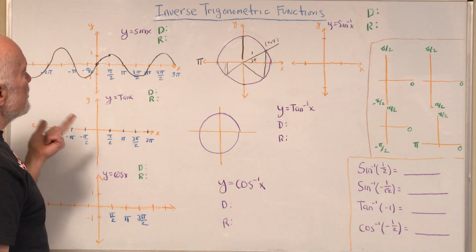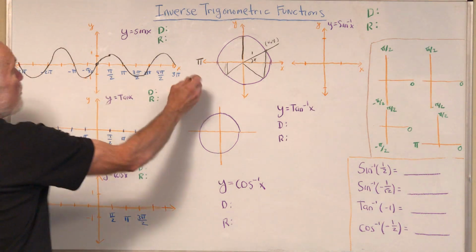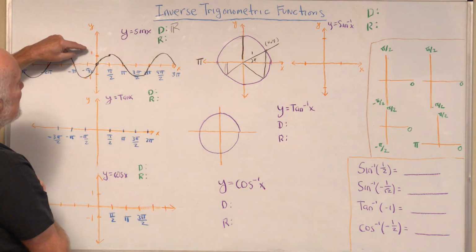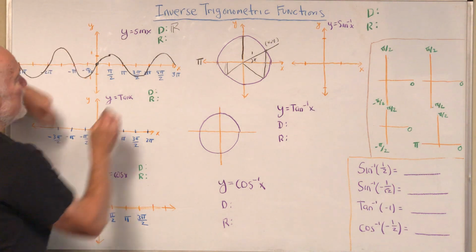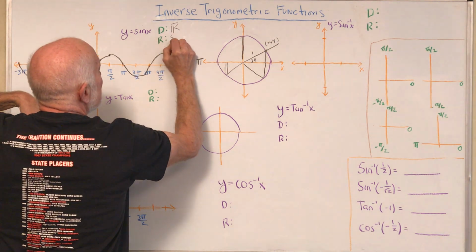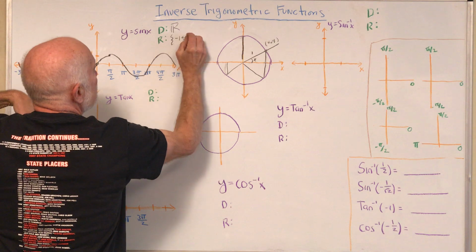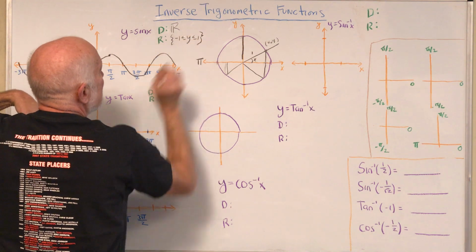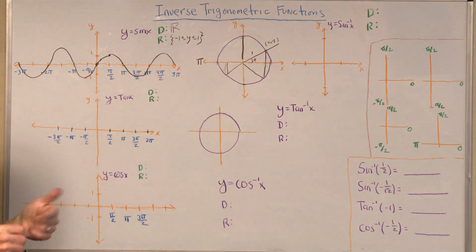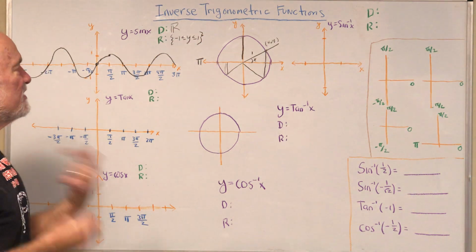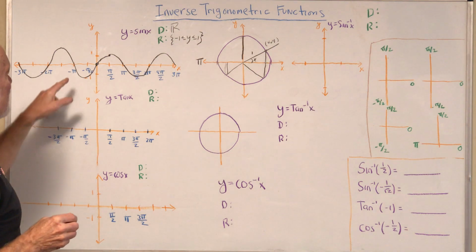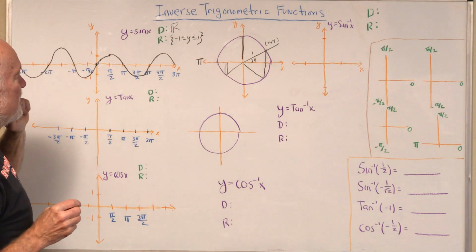The domain of this would be all real numbers, and the range would be from -1 to 1. So it'd be -1 is less than or equal to y, is less than or equal to 1. And we're interested in that because we're going to talk about the inverse sine function. So the inverse sine is going to do just the opposite of this.